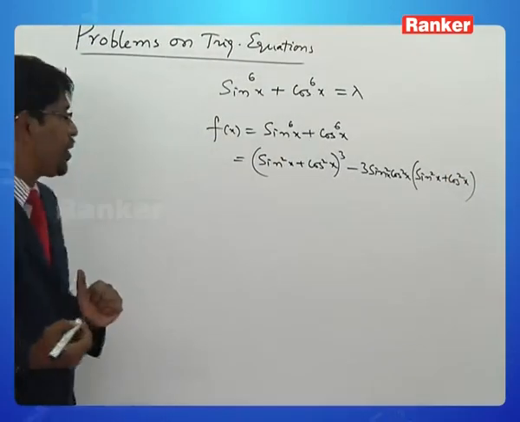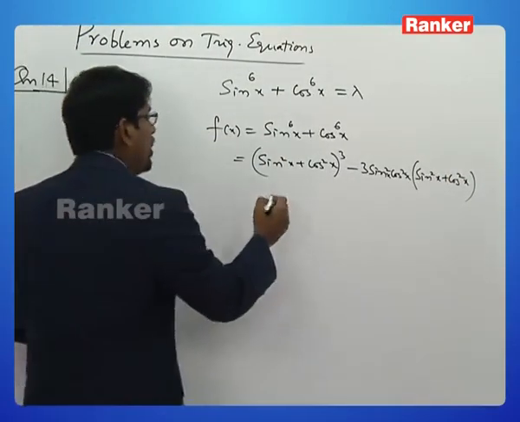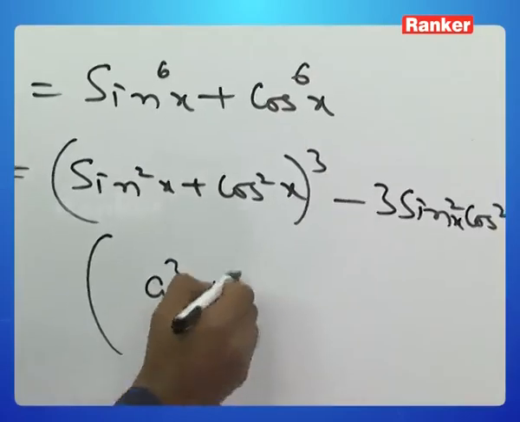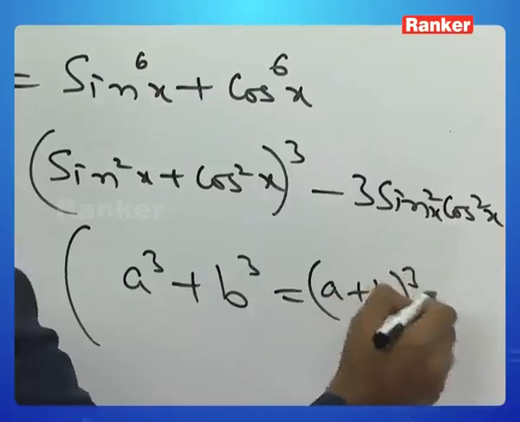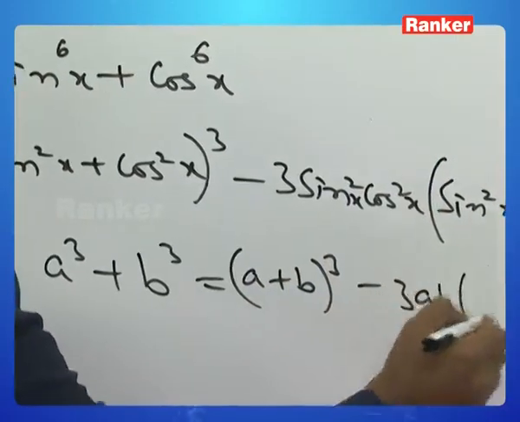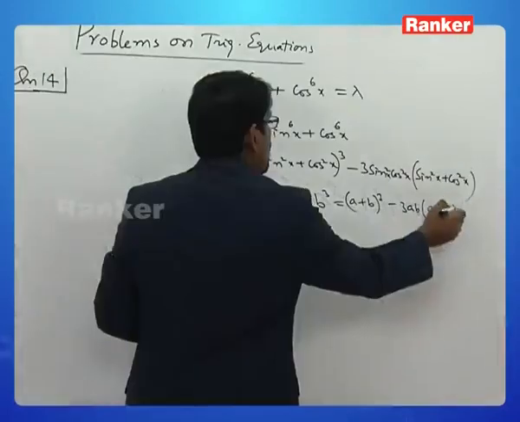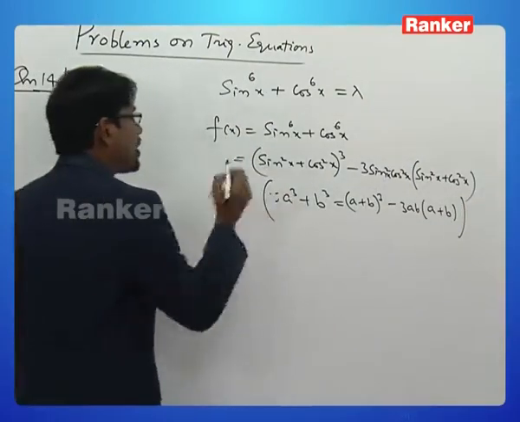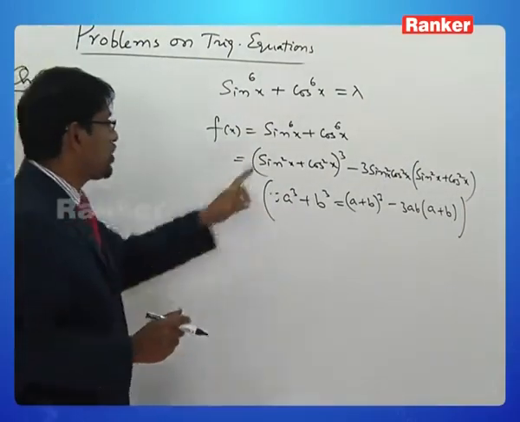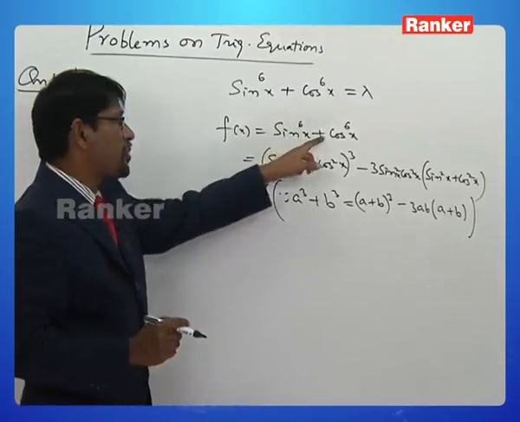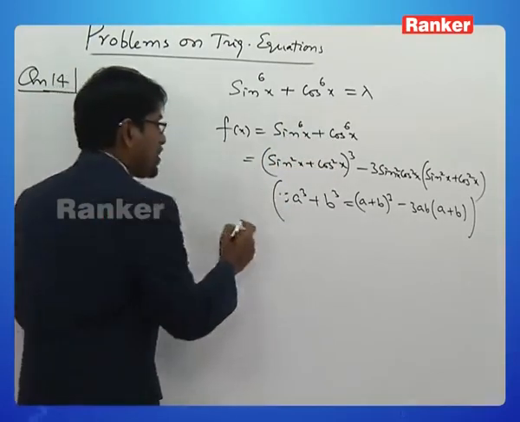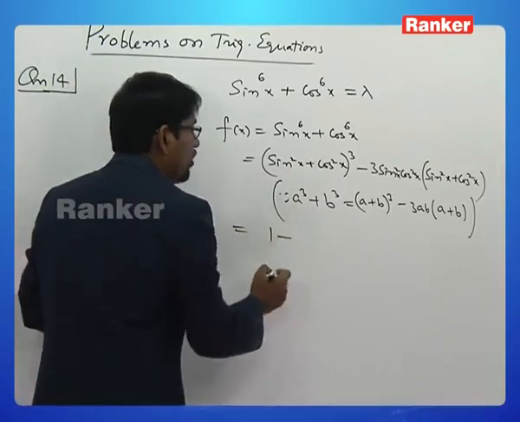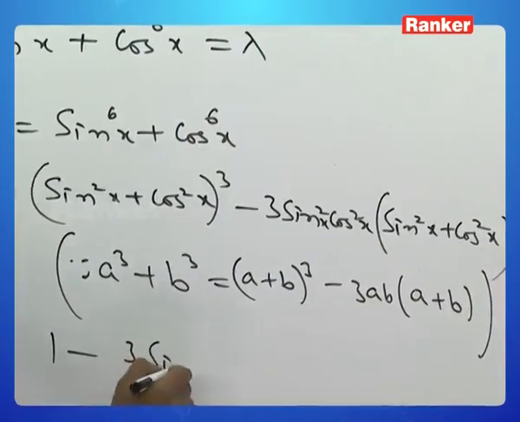We are using the formula a cube plus b cube is equal to (a plus b) whole cube minus 3ab into (a plus b). So this can be viewed as (sin square x) whole cube plus (cos square x) whole cube, so a cube plus b cube, that is it. And now this is clearly 1 minus 3 sin square x cos square x.